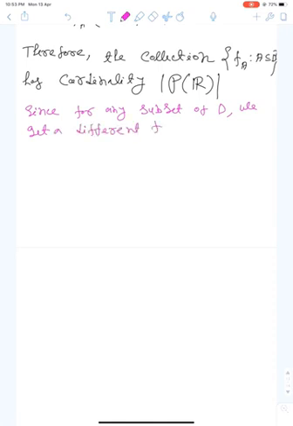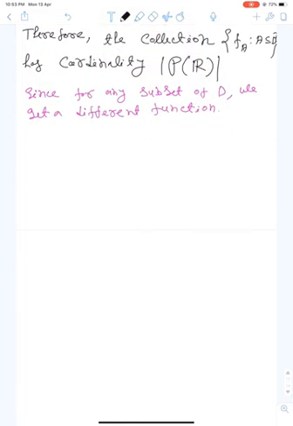So we can write in a different notation, since for any subset of D we get a different function.